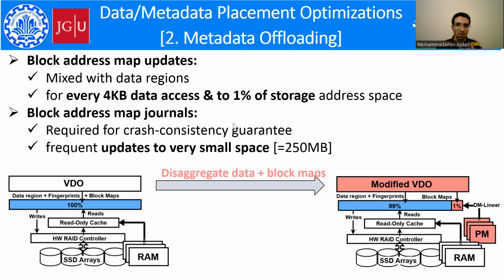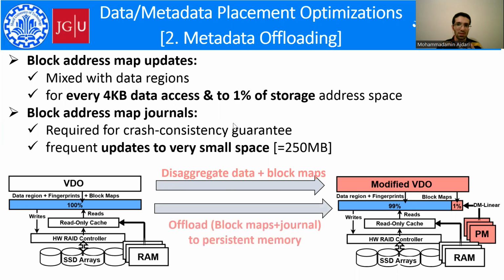Thus, we modify VDO to first disaggregate data and metadata block regions and place the block maps at the last 1% of the address space. We then offload such metadata accesses to a fast, non-volatile persistent memory.